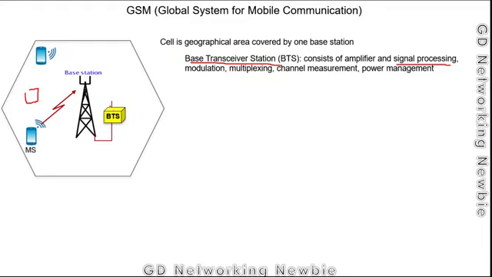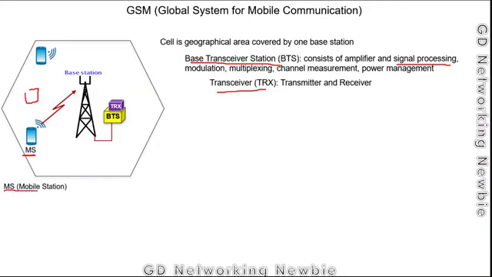And then we also have another entity, that is TRX. TRX stands for transceiver and receiver. So we have some elements here which help these antennas to radiate. Now the mobile: we generally call them mobile, but the technical name in GSM is mobile station.